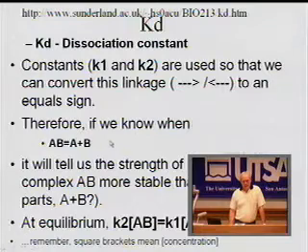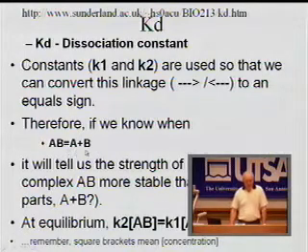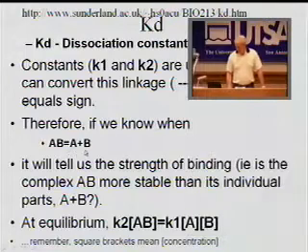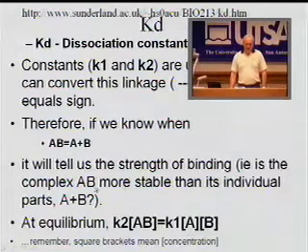So following through this in the simple formula of A plus B equals AB, it'll tell us the strength of the binding. That is, is the complex AB more stable than its individual parts? So at equilibrium, the K2 times the concentration of the bound equals K1 times the product of the unbound concentrations.